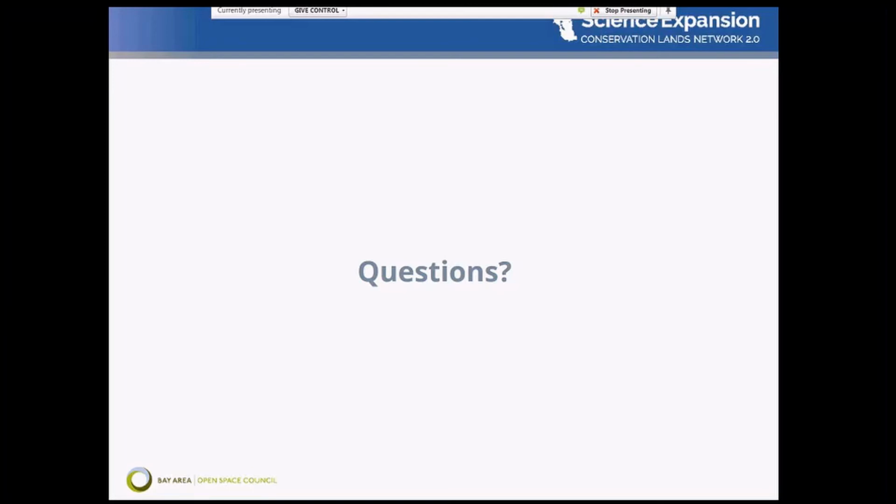Next question: how do you define connectivity? Is it a certain width? And do you include the needs of carnivores such as mountain lions? Another really great question. The network itself is agnostic in terms of the needs of a particular species.